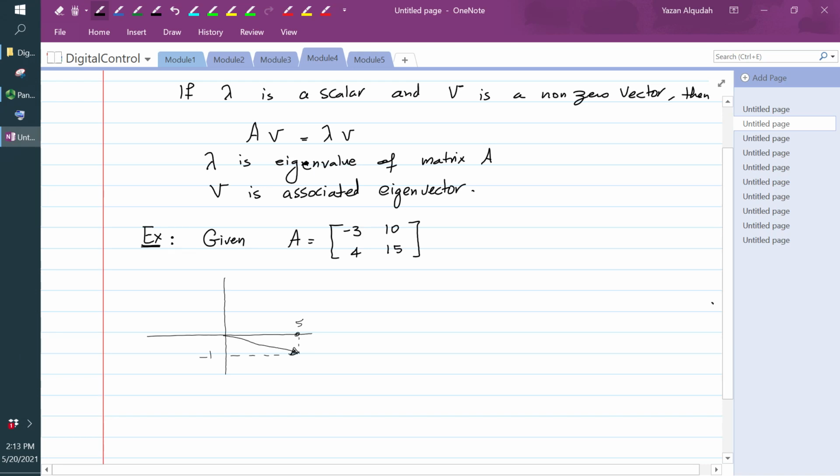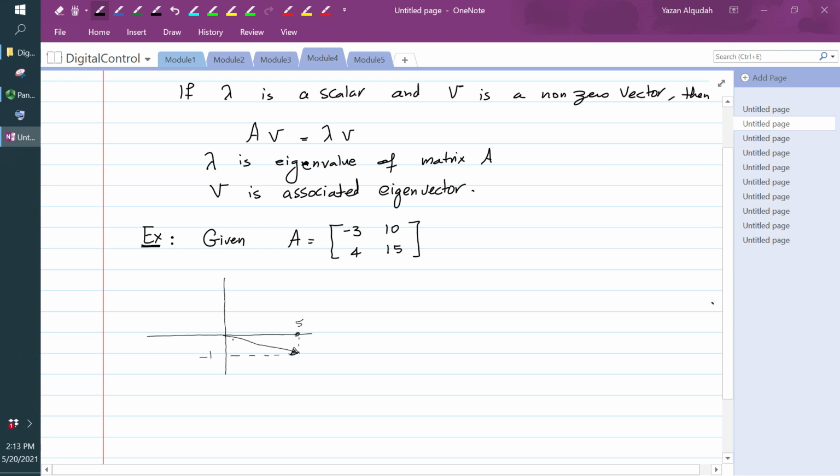Now I can think of this A matrix as a transformation. If I apply it to this vector, it's going to transform the size of this vector and the direction of this vector. Make sense? So A given with these values, I can think of it as a transformation that if I were to apply it to a vector, and since it's a dimension of 2, we can visualize it.